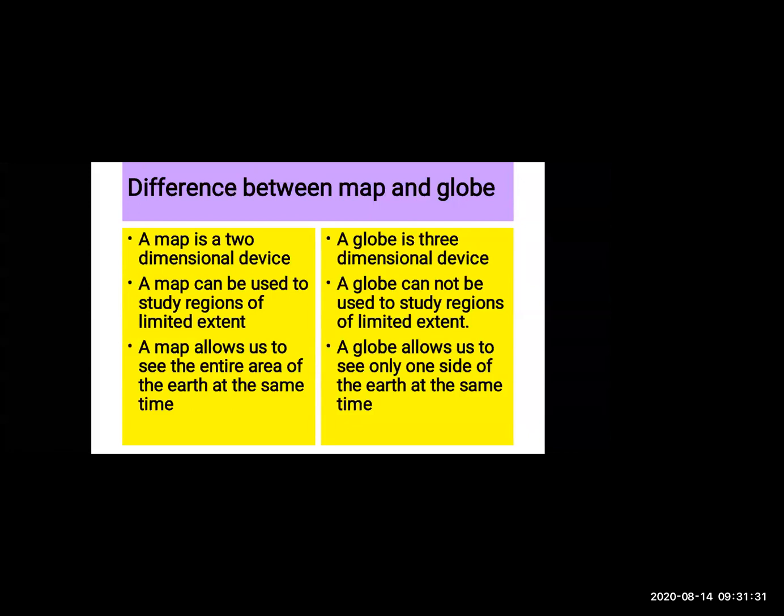When we are in front of the globe, we can see the front side, but the next side we cannot see at the same time. For that we have to move the globe. See again, the third one, the map allows us to see the entire area of the earth at the same time, and a globe allows us to see only one side of the earth at the same time.